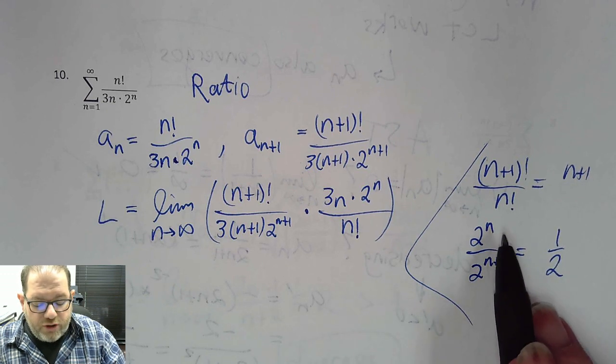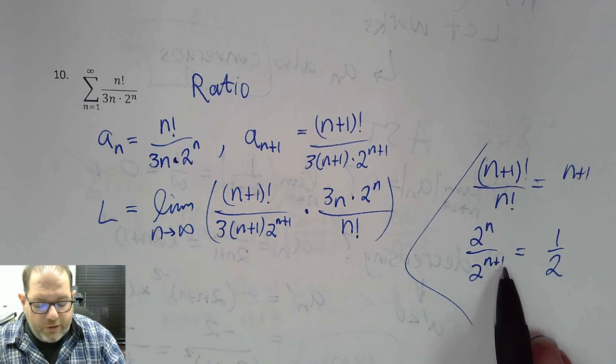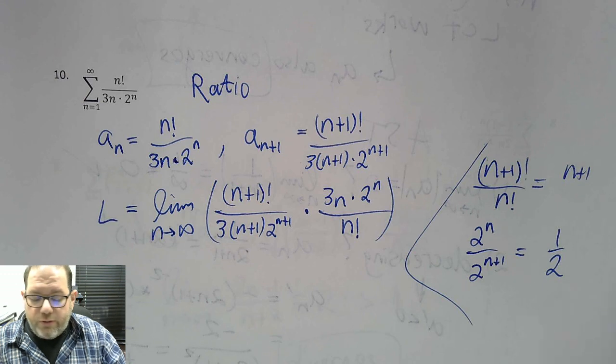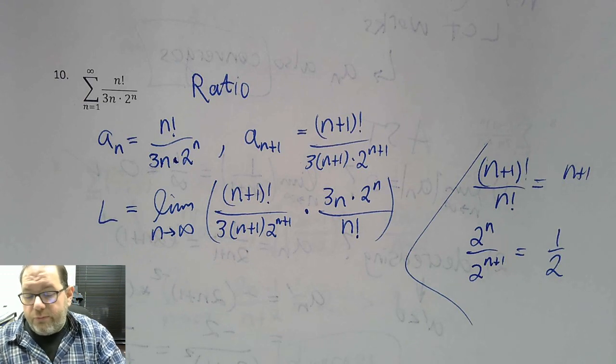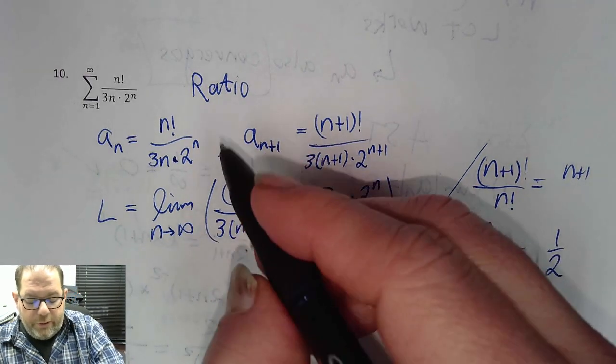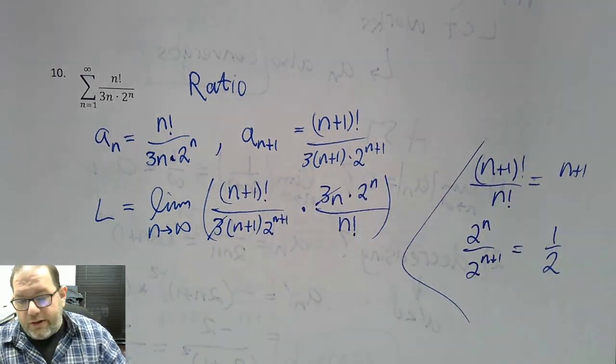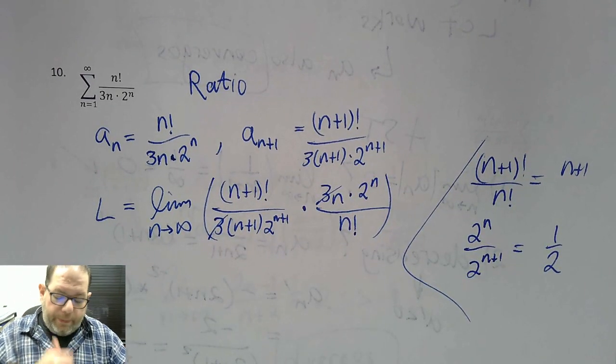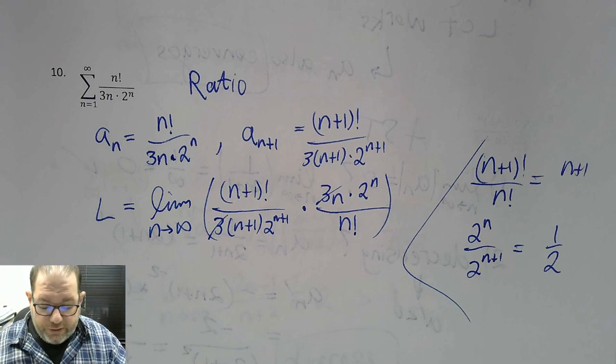We can also think of it as subtraction. n minus n plus 1 is 2 to the negative 1, which is 1/2. However we get that, we should get a 1/2 out of that. We can also see that our 3 and 3 cancel directly, so we don't have to worry about that.